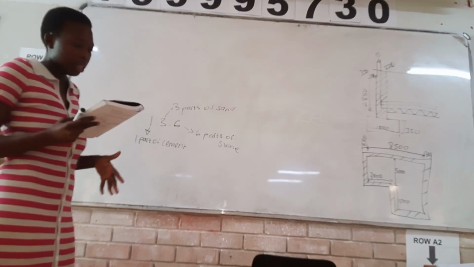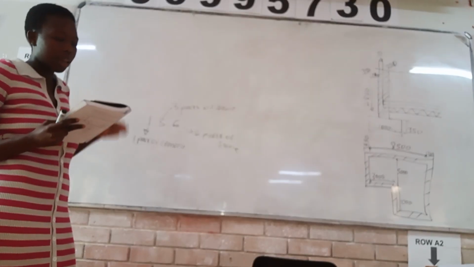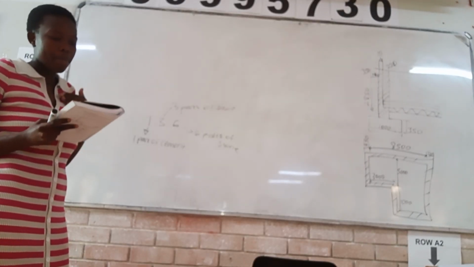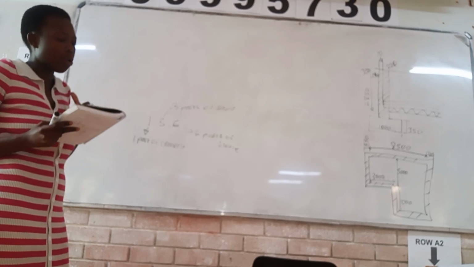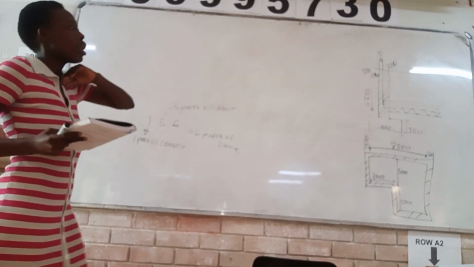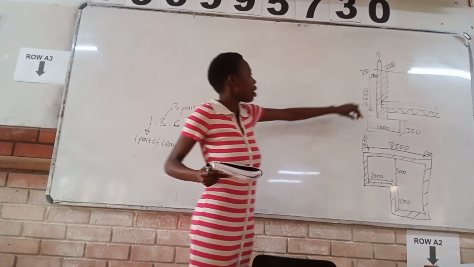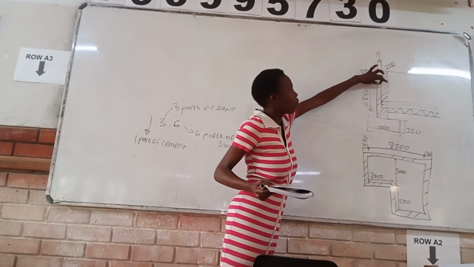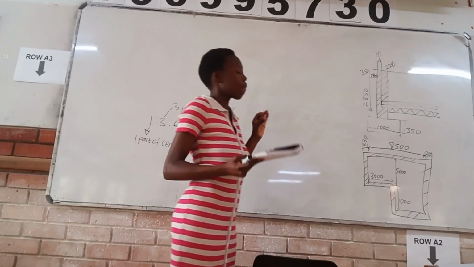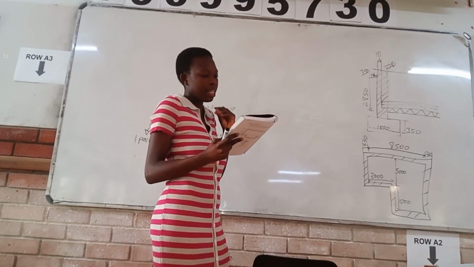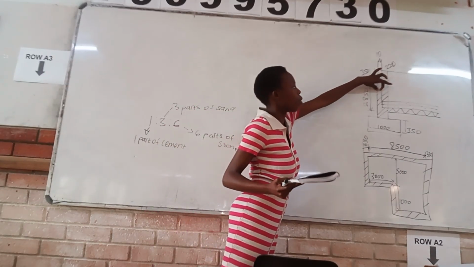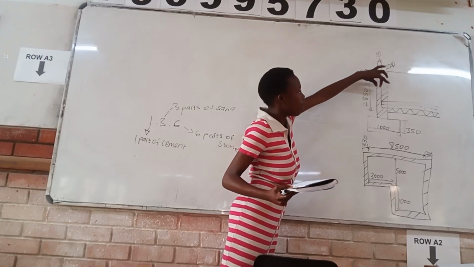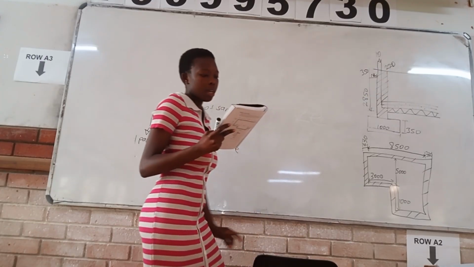Question 3.1: calculate the total cost of brickwork for building only the half brick wall. The basement has a foundation of 330, and then it has a half brick wall and a 1 brick wall. So we calculate the total cost only for the half brick wall, not the whole wall.